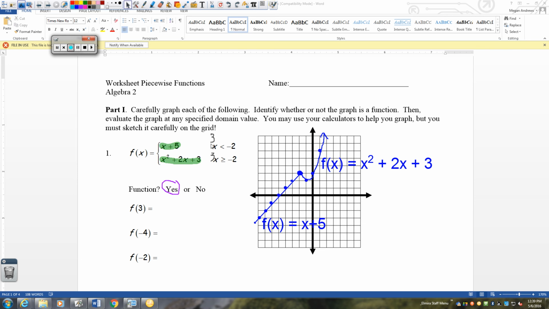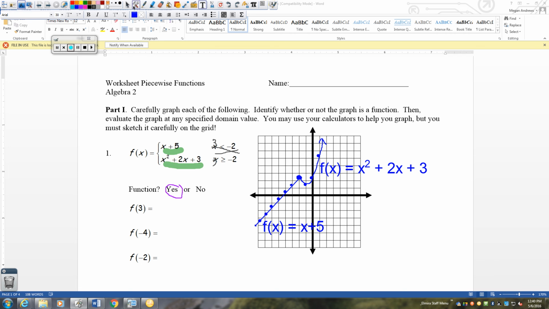Okay, so 3 less than negative 2. 3 is not less than negative 2. That's not true. Okay, 3 greater than negative 2. Well, that is true. So that means I'm going to sub 3 into the quadratic.